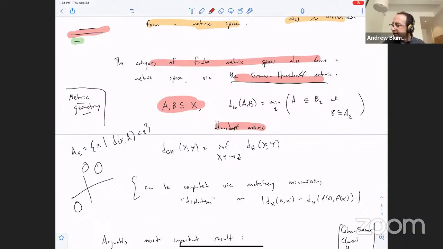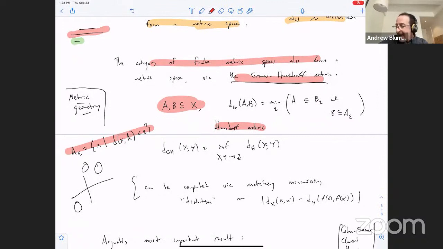Basically the metric is this: you take the smallest epsilon such that A sits inside an epsilon fattening of B, and B sits inside an epsilon fattening of A. And by epsilon fattening, what I mean is, you take all the points that are within epsilon of that thing. So you're sort of thickening it out more and more, and you wait till they overlap each other.